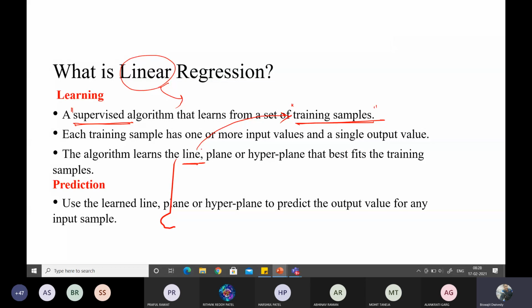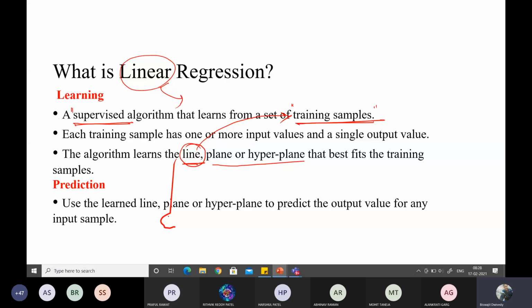Okay, so we'll draw a line if we are doing all these calculations in 2 dimensions. If we are going for higher dimensions, meaning 3 dimensions, then we have to find the equation of the plane or hyperplane. Okay. Meaning when the number of variables, or you can say the number of dimensions, increases, at that time we'll be finding the plane.